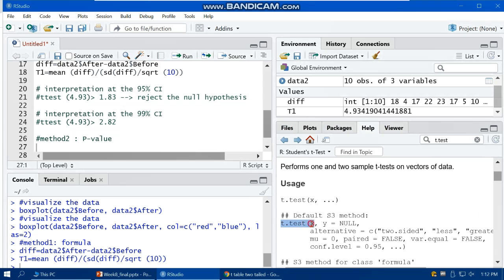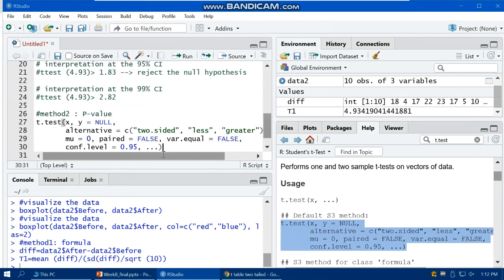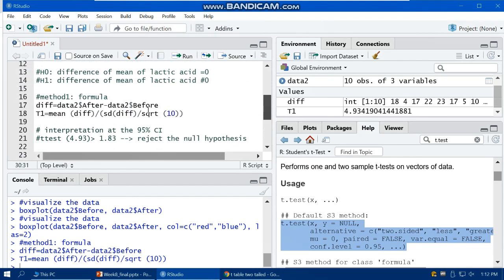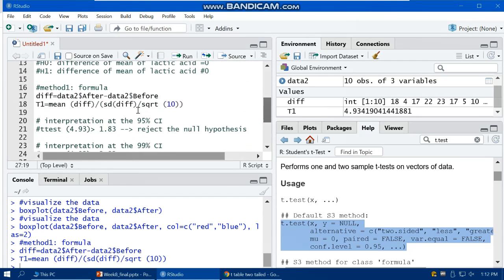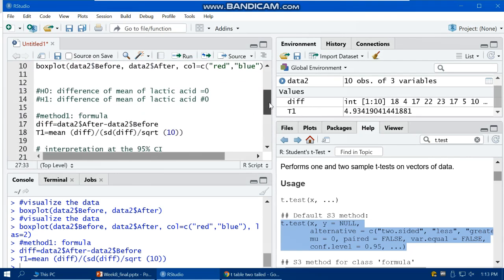So the first group, the second group, and let me copy this here. The first group is data after. The second group is data before. So the alternative hypothesis is two-sided, right?